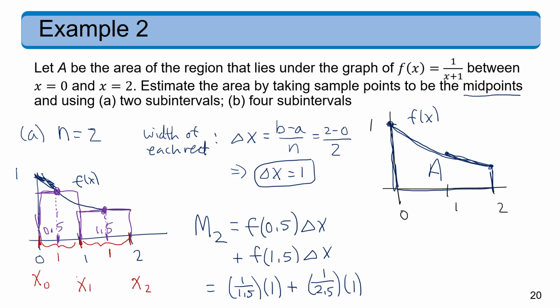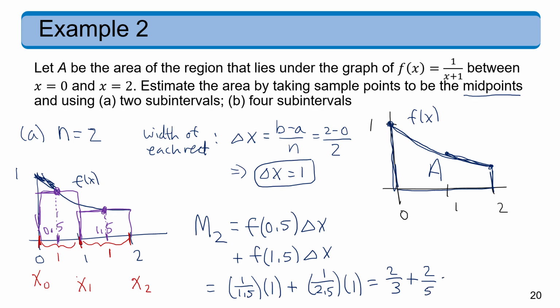So 1 over 1.5 would be the reciprocal of 3 over 2, which is 2 over 3. And we don't need to write the multiplied by 1. Plus, the 2.5 is 5 halves, and that means it's in the denominator there, so the reciprocal of 5 halves is 2/5.